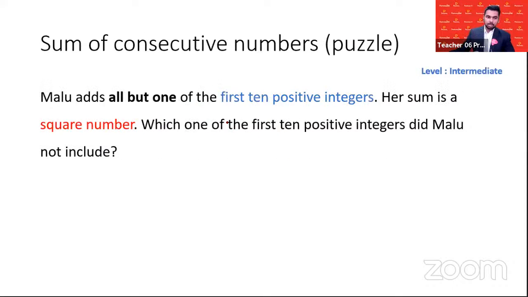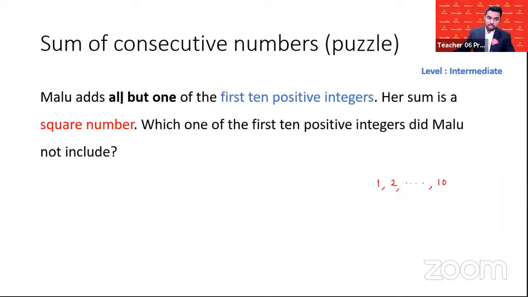The second puzzle is very interesting. In fact, I'll try to give a solution for this. The second puzzle reads as follows. There is a person, Malu, who has added the first 10 positive integers. Well, what are the first 10 positive integers? It starts from 1, 2, 3, etc. up to 10.